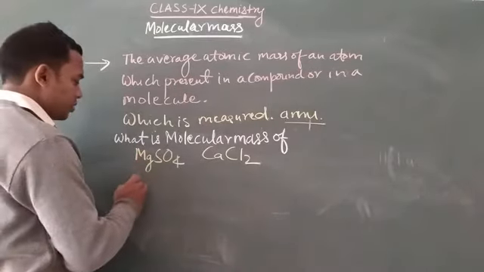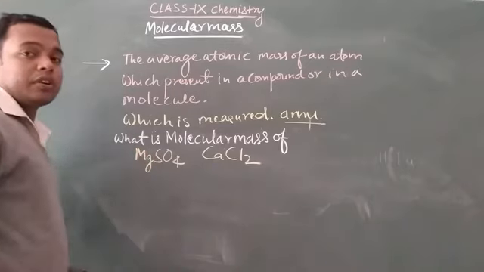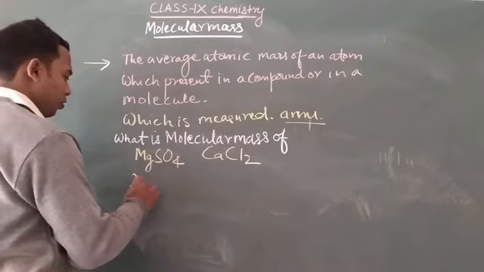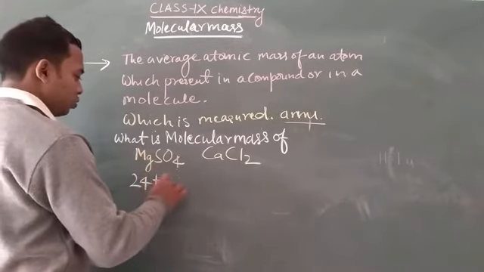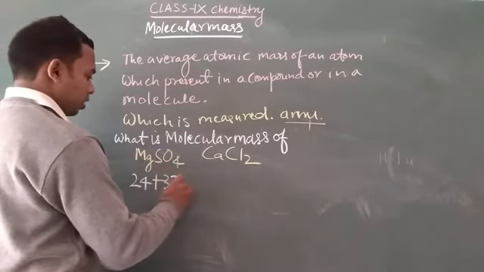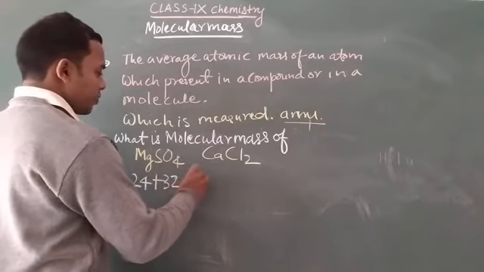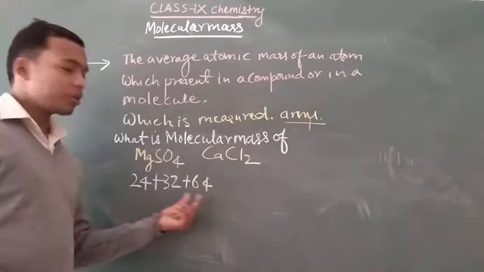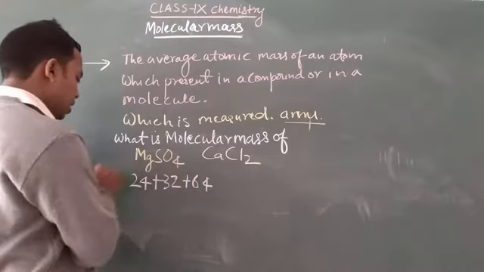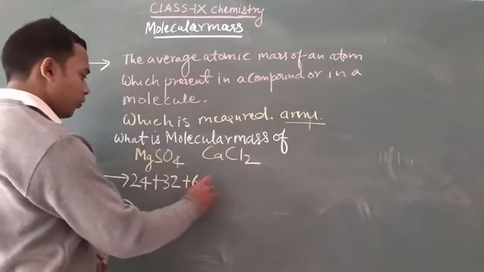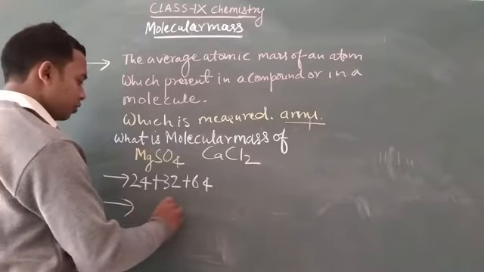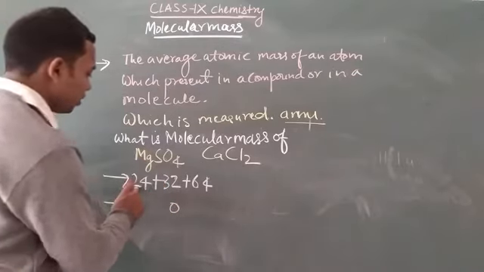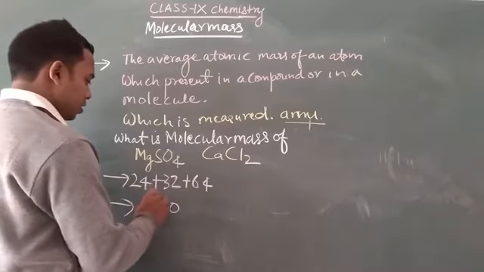The atomic number of Mg is 12 and the atomic mass is 24. So 24 plus 32 plus 64, since 16 into 4 is 64 because there are 4 oxygen atoms here. And then after calculation we find the result.